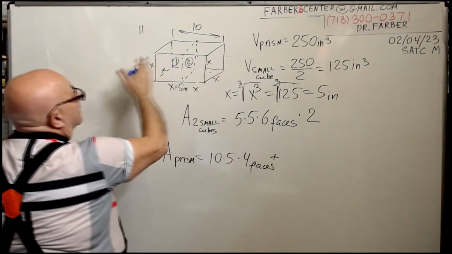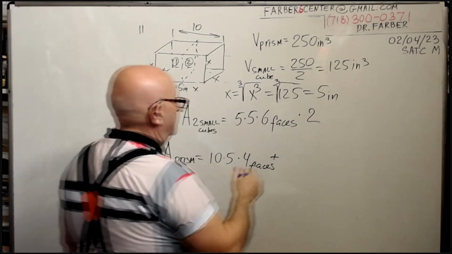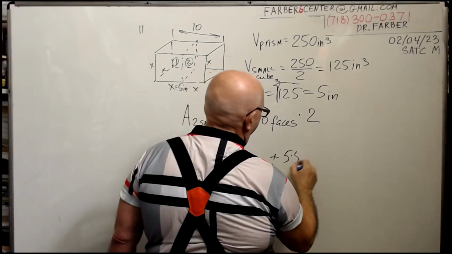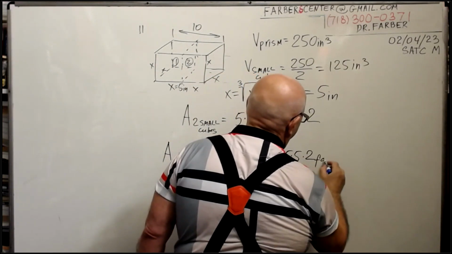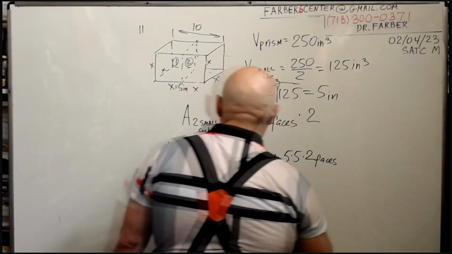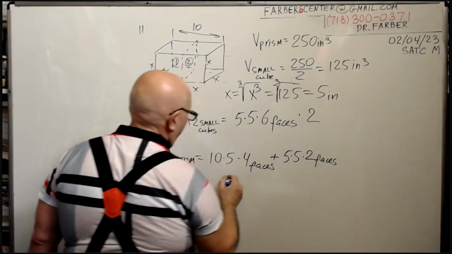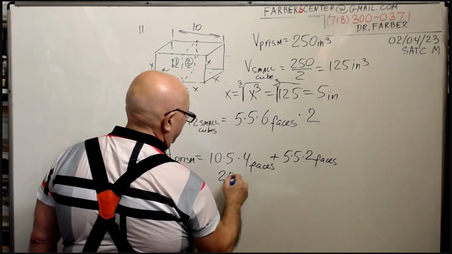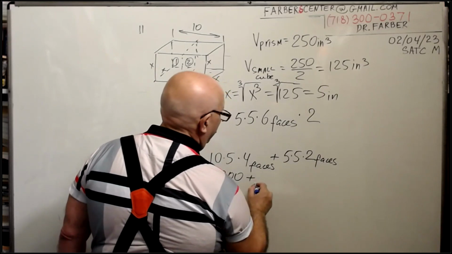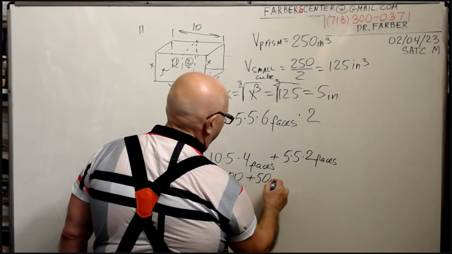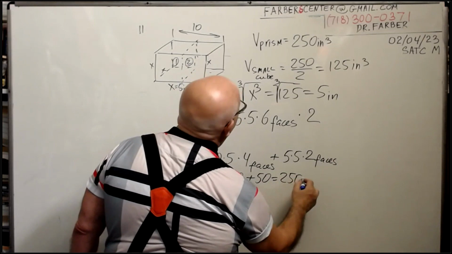Plus left and right, they have 5 times 5, multiply by 2 because we have left and right faces. So this is 50 times 4, 200. And this is 25, 50. Plus 50, 250 square inches.